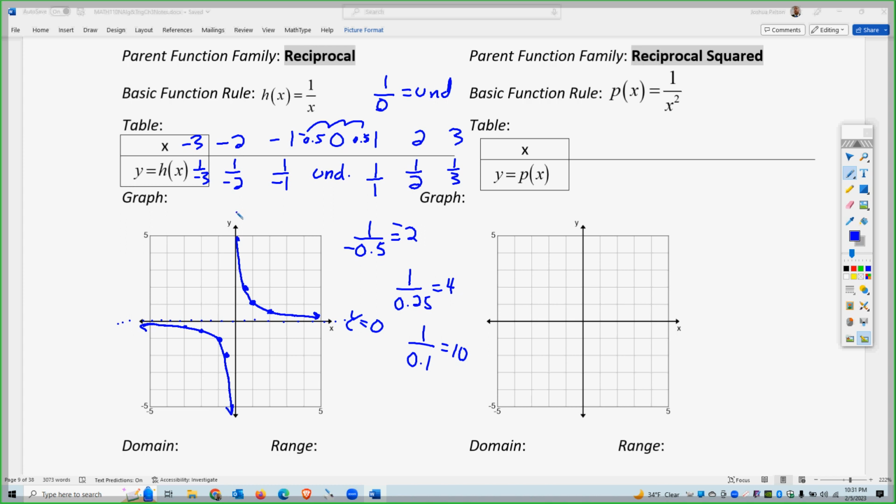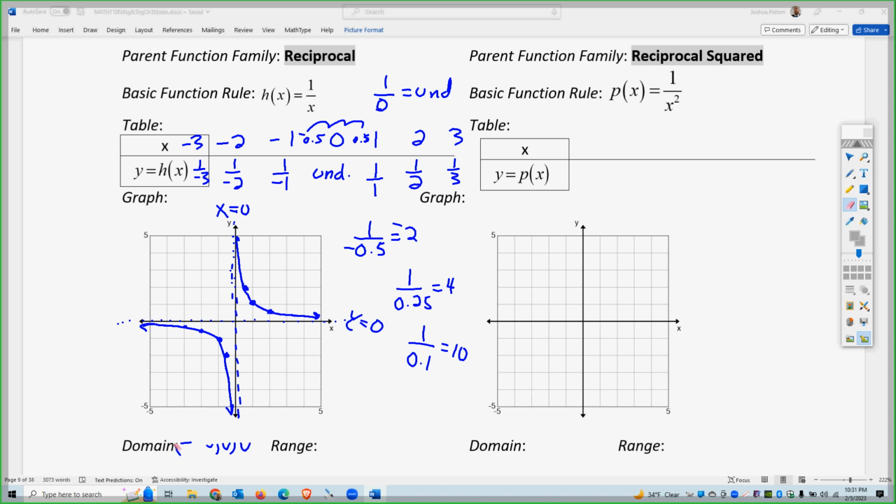So it's also asymptotic this way, meaning you cannot cross this x equals 0 invisible line, essentially. Okay? Because I can always pick numbers that are closer to 0, but never actually get there. So it goes forever left to 0, right? Union. Actually, write these down. Let's write these down below where I have some more room.